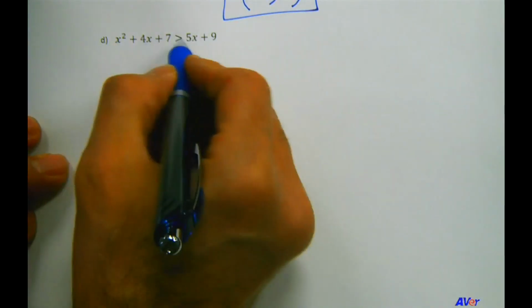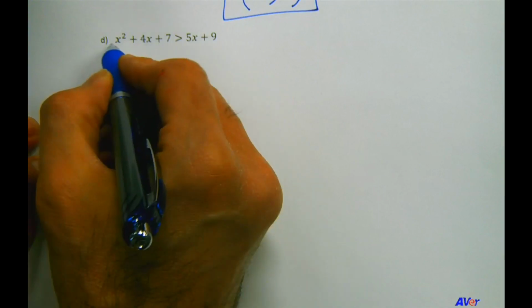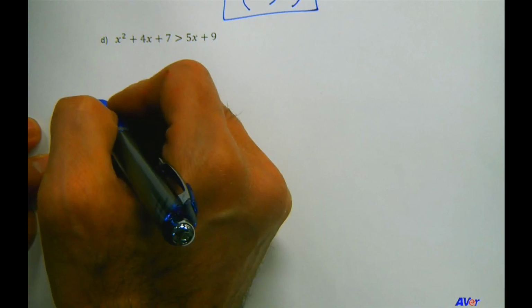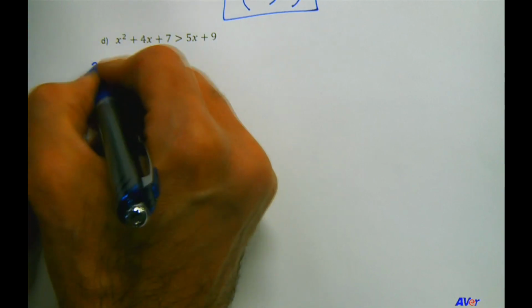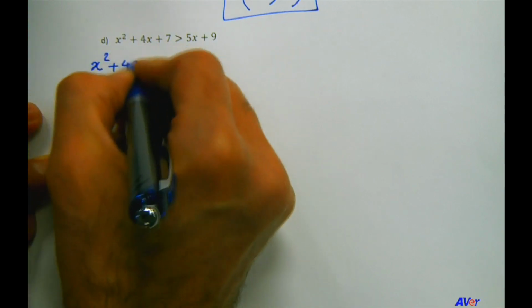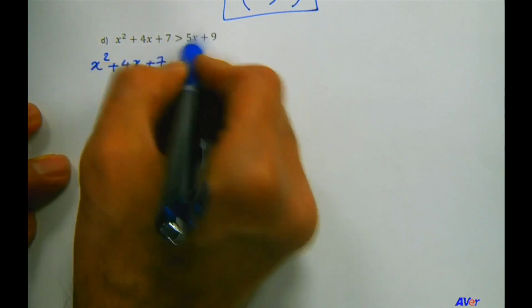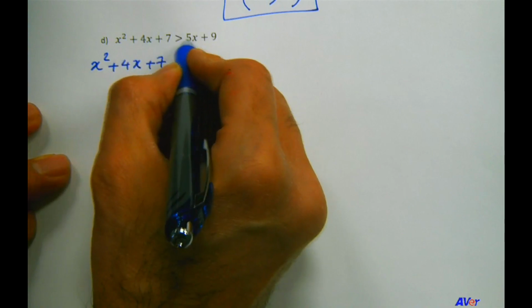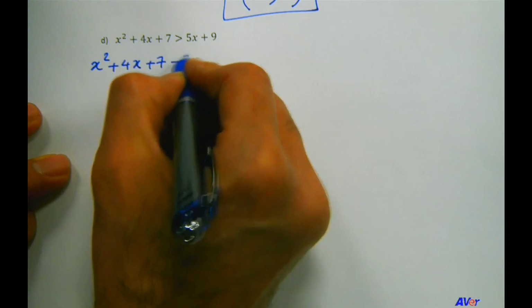So first thing I would do, I would move everything to one side and combine the like terms and simplify the expression as much as I can. So x squared plus 4x plus 7. I'm going to move 5x from the right side to the left. When I do that, this 5x changes algebraic sign from positive to negative.